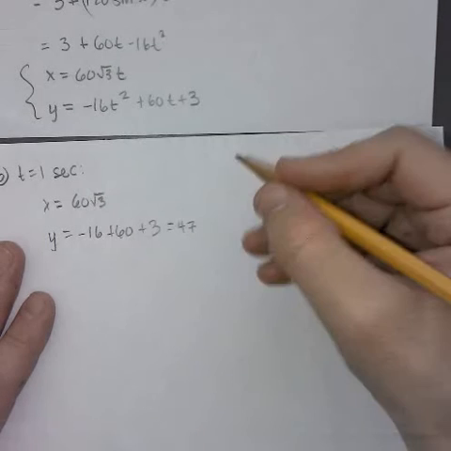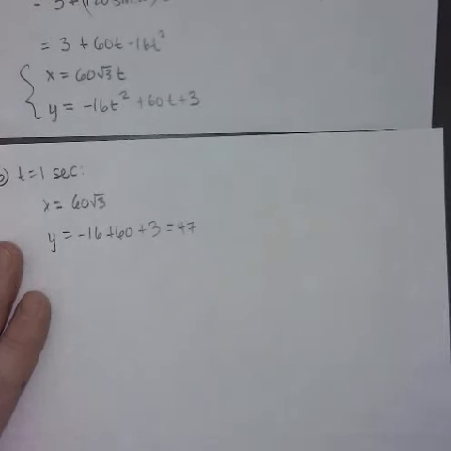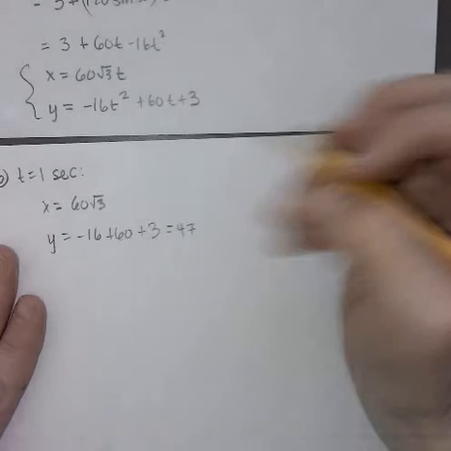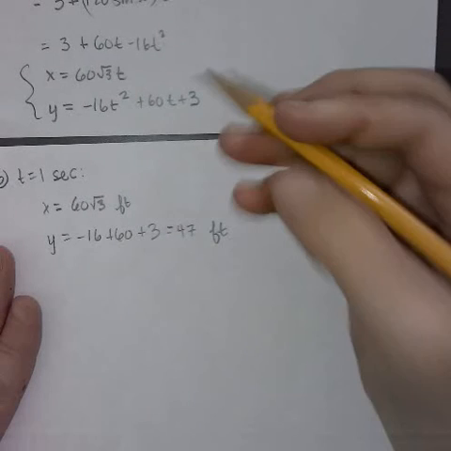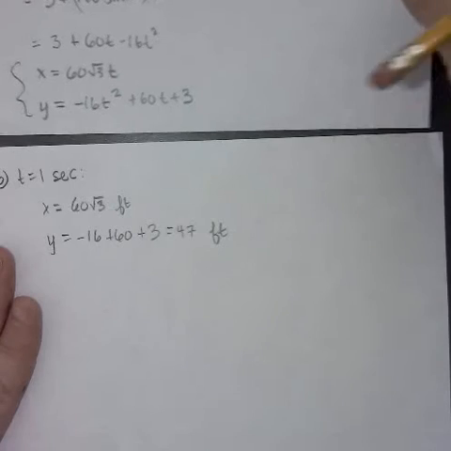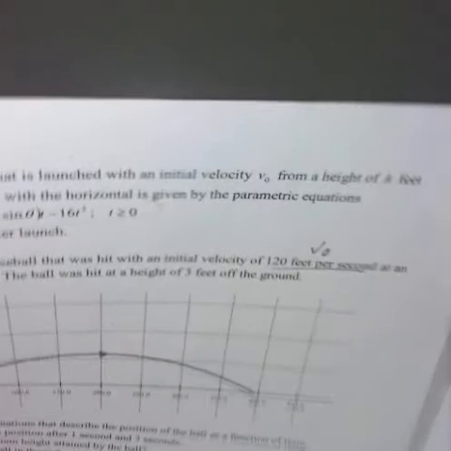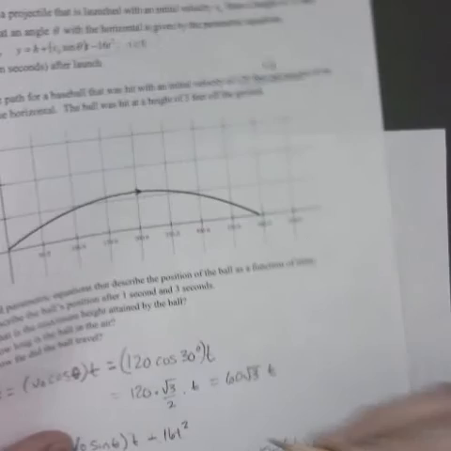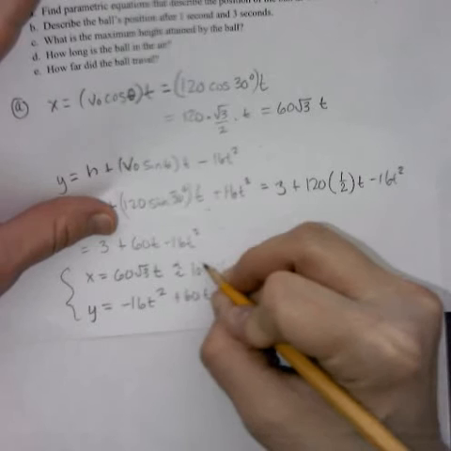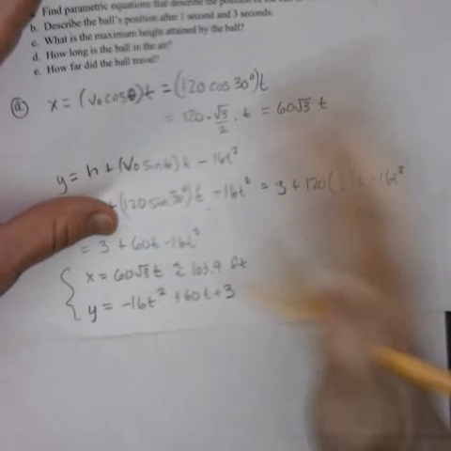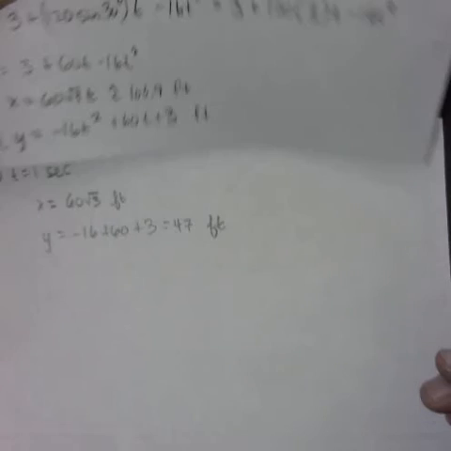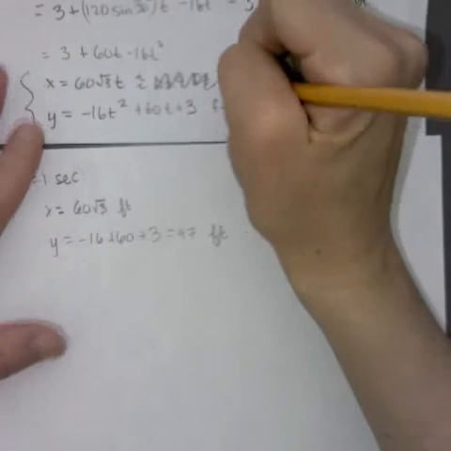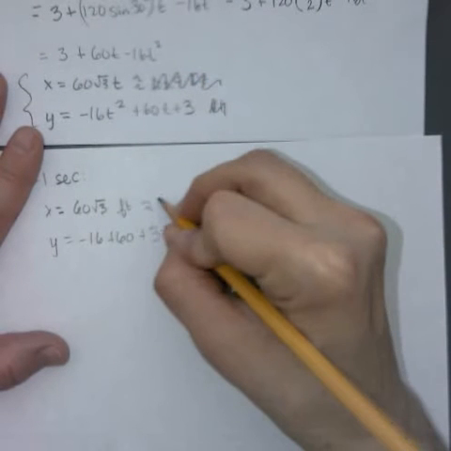This is all in feet. So what this is saying is the coordinates are 60 square root of 3, which is approximately 103.9 feet.